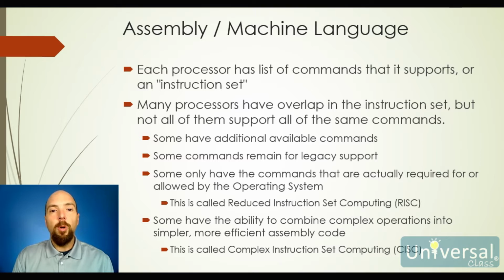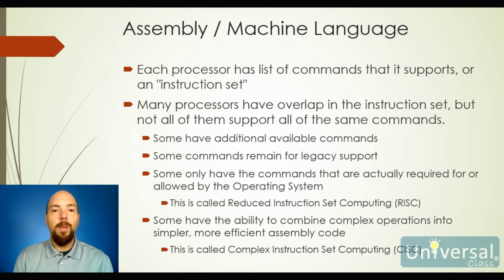Alright, so each processor has a list of commands that it's actually able to support, and this is called the instruction set. Many of the different types of processors have instructions that overlap each other, which means that I could have an Intel processor or an AMD processor, and both of those may have the same types of instructions, but there's a possibility that the Intel has additional instructions or fewer instructions than what the AMD processor has.